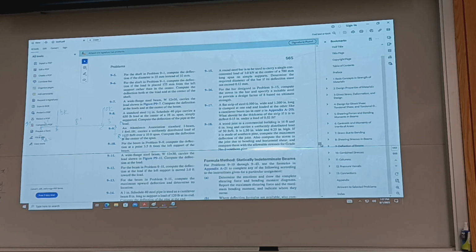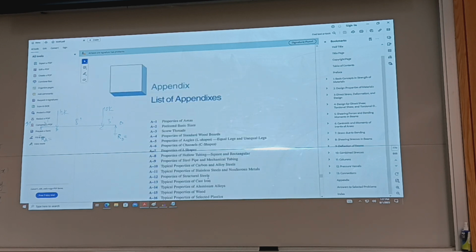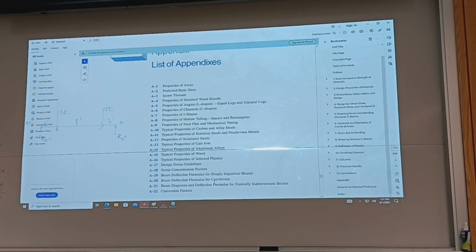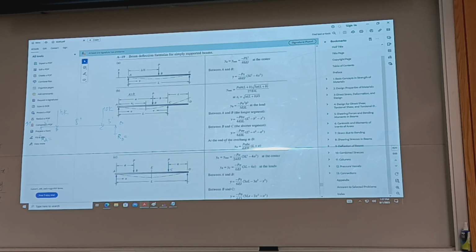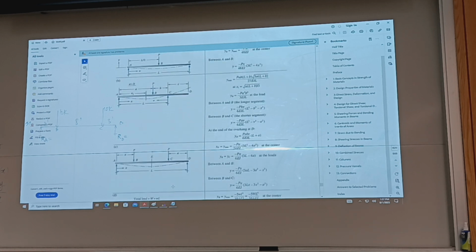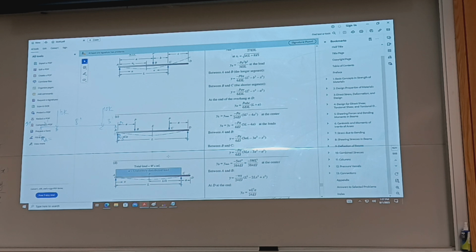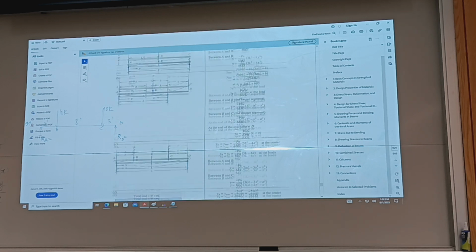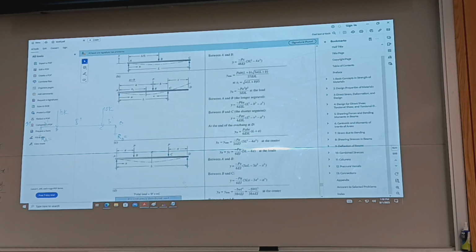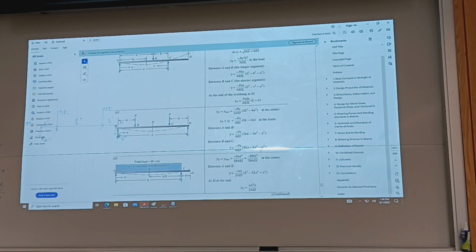The center of the beam is the maximum deflection. You go to the appendix, to formulas for simply supported beams, and our case is this one. I'm on page 802, and our loading case is number C.